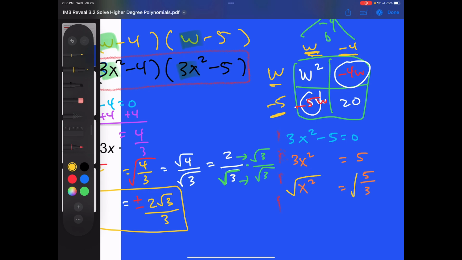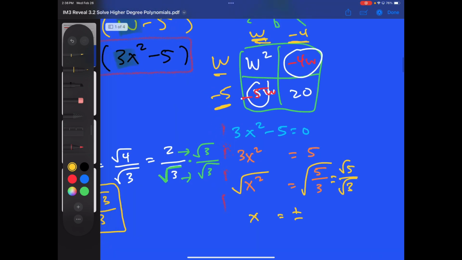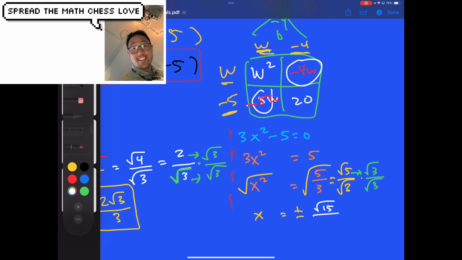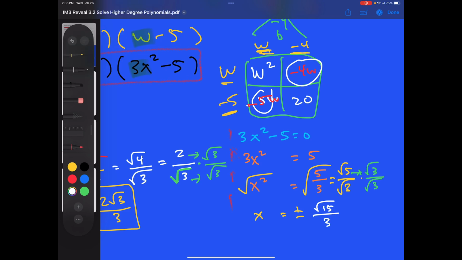Square root, x equals plus or minus radical 5 over radical 3. Yeah, good. Multiply by radical 3 over radical 3. In math, when you multiply times 1, it's going to change the form. Multiply across. Good. Radical 15 over radical 9, which is 3. You cannot divide these because one has a radical and the other one doesn't.